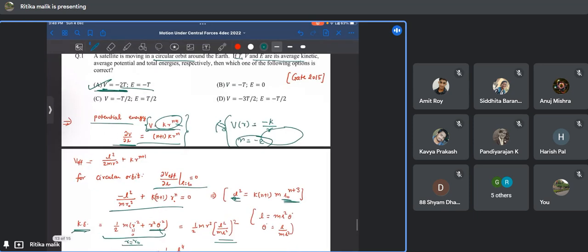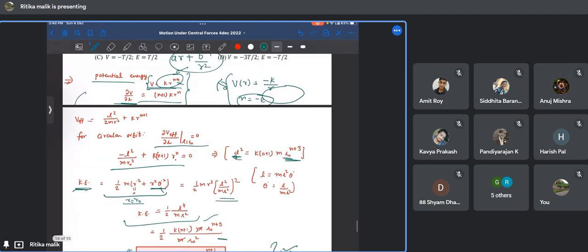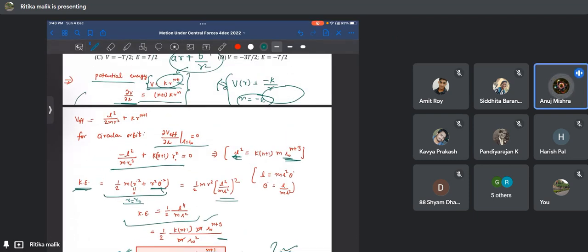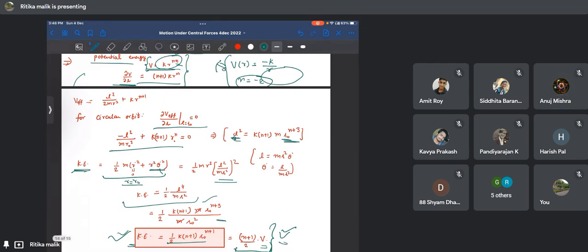But if your potential has something like a r plus d by r squared, then you cannot use this formula directly; you have to derive it. Okay, so if it is not given, we can use it like this for any simpler kind of potential, right? Yes, you can directly use this.